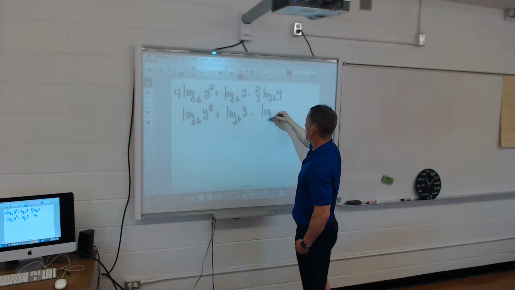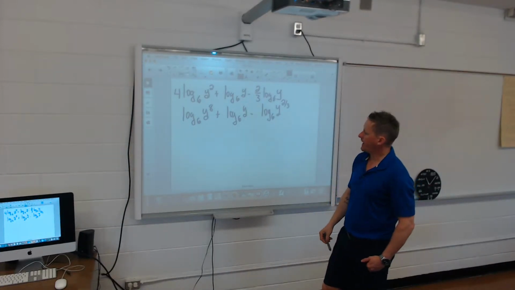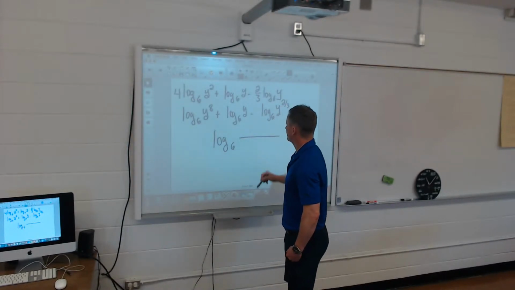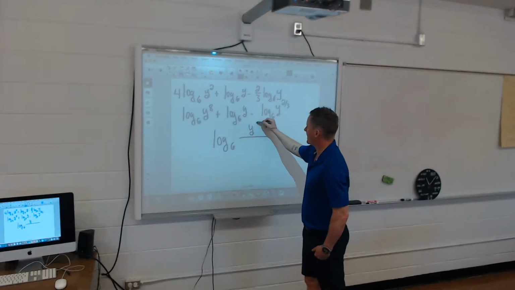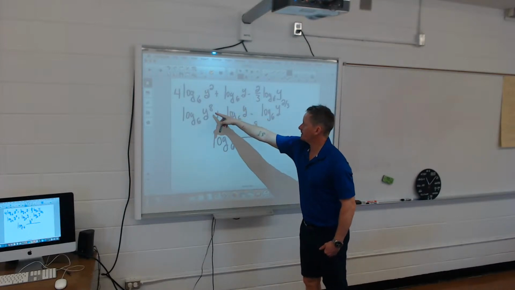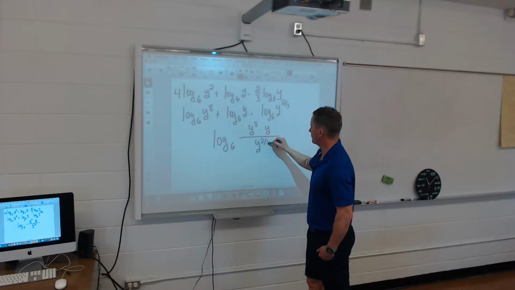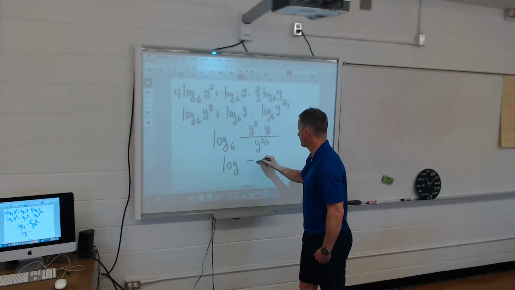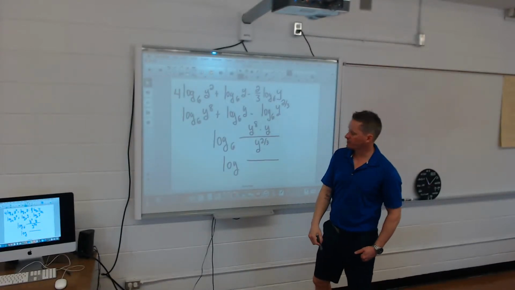And then I got log y to the 2/3, base 6. So that's the first thing that I do. And then I'm going to write this out as a single logarithm. So if it's a positive log, I put it on top. So I got y to the 8 times y on top. And on the bottom, I have y to the 2/3. So I've got y to the 9 on top over y to the 2/3 on the bottom.